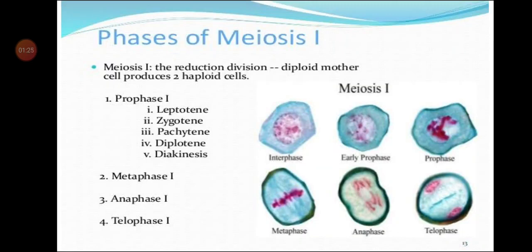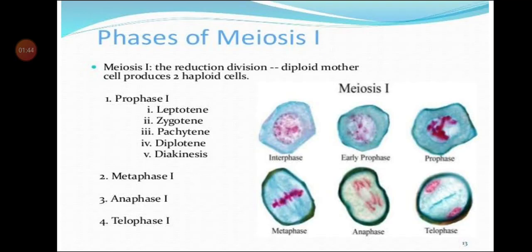Meiosis is of two types, that is meiosis 1 and meiosis 2. We have started with meiosis 1. Meiosis 1 consists of 4 phases, that is prophase 1, metaphase 1, anaphase 1, telophase 1.